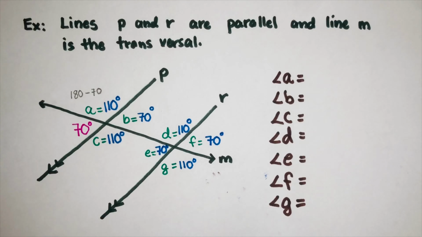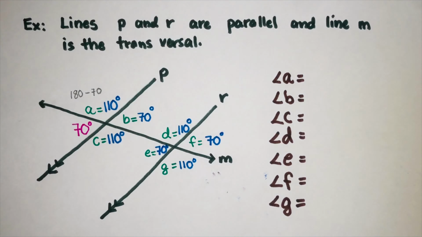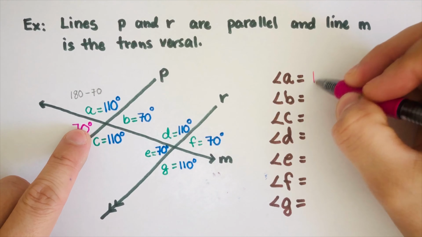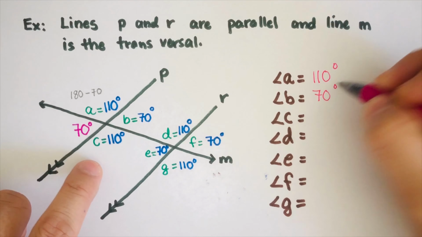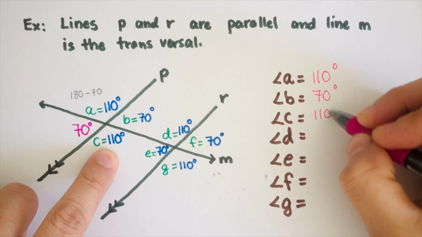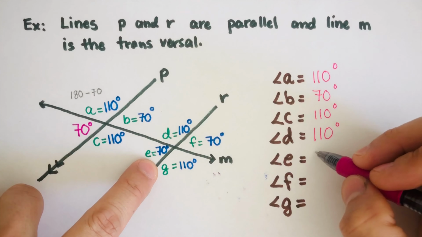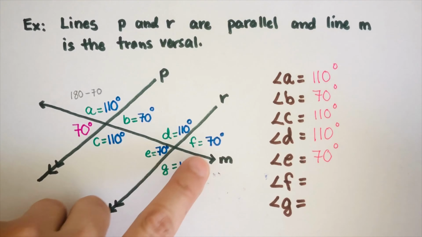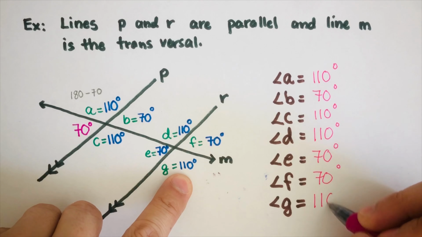So just by being given only one angle, we can measure all the rest of them. We can go ahead and write the measures here. A is 110 degrees, B is 70 degrees, C is 110 degrees, D is 110 degrees, E is 70 degrees, F is 70 degrees, and G is 110 degrees.